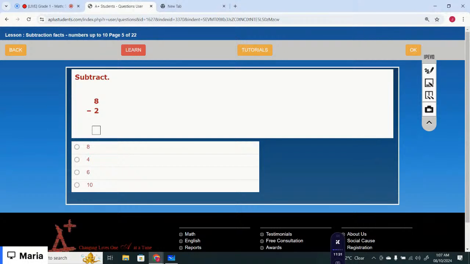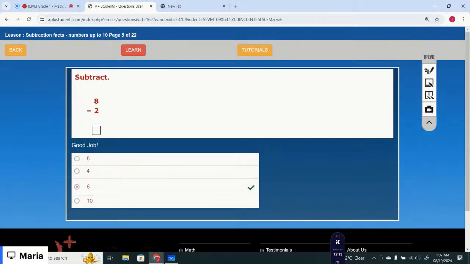So 8 take away 2 is. Very good. Six it is. Option number three is the correct option, right? Eight take away two is six.